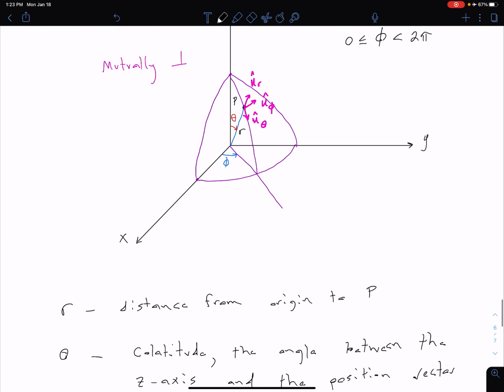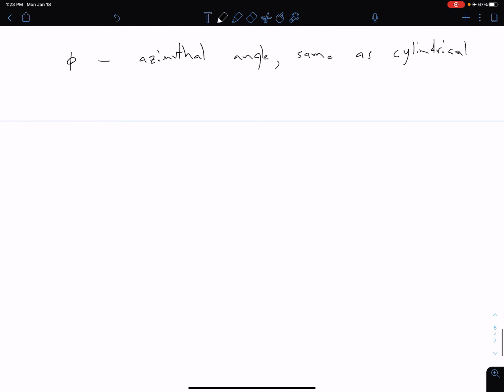Now, in terms of talking about vectors, it's going to look very similar to what we saw with our cylindrical and our Cartesian. If we have some vector A we want to represent in spherical coordinates, we can write that with angle brackets, with an r component, a theta component, and a phi component.